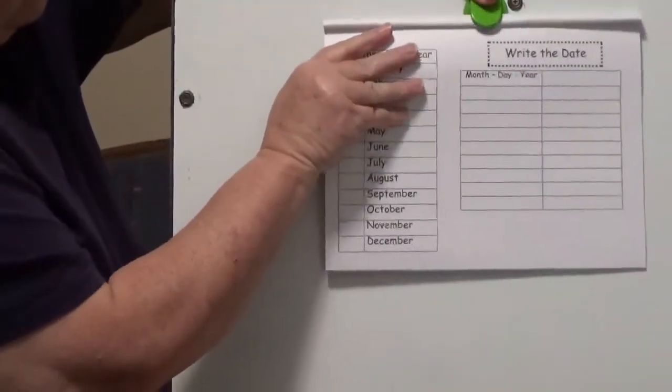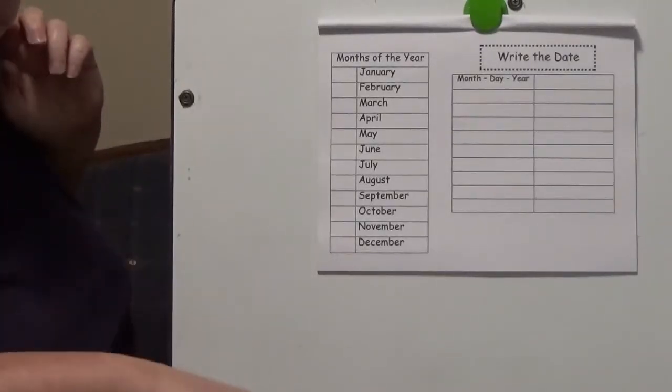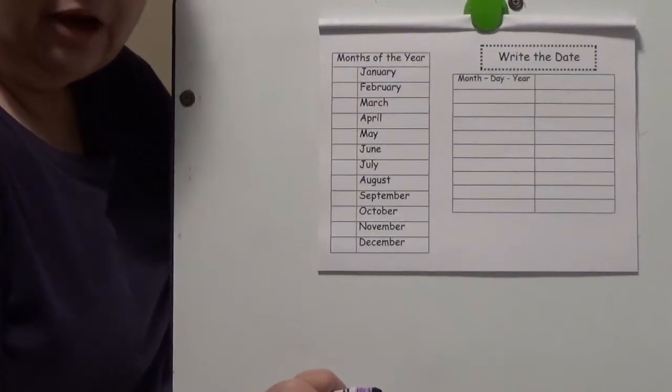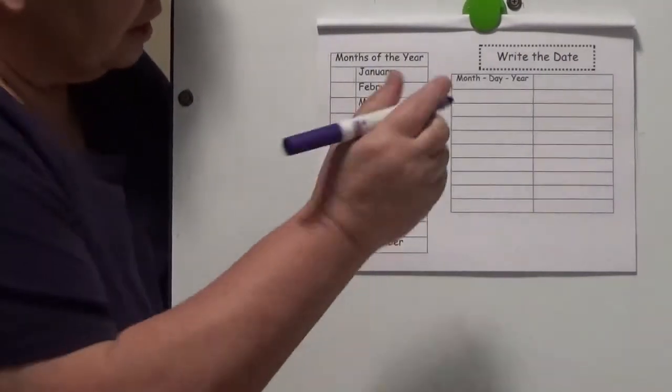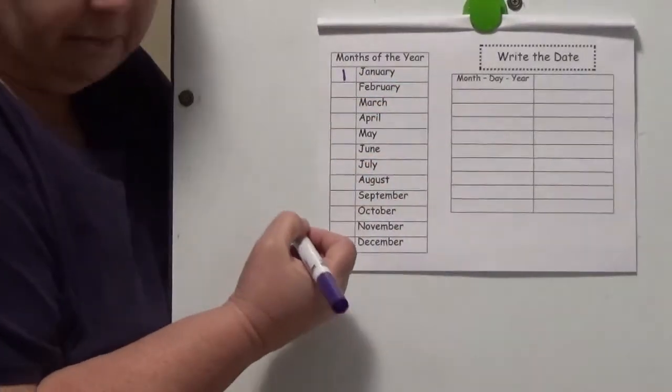Okay, so we are going to write today's date. First, we need to put in our numbers for our months. So January is our number 1 month, and December is our 12.